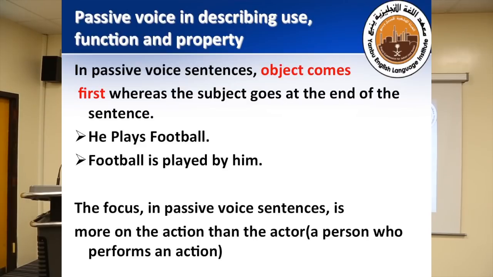He plays football. Football is played by him. He teaches English. English is taught by him. In passive voice sentences, the focus is on the action, not the actor, not the subject who performs the action.